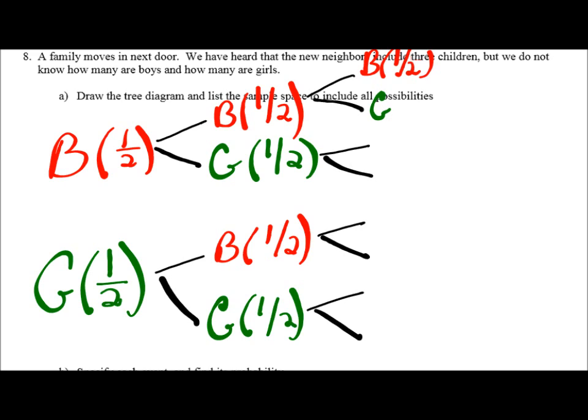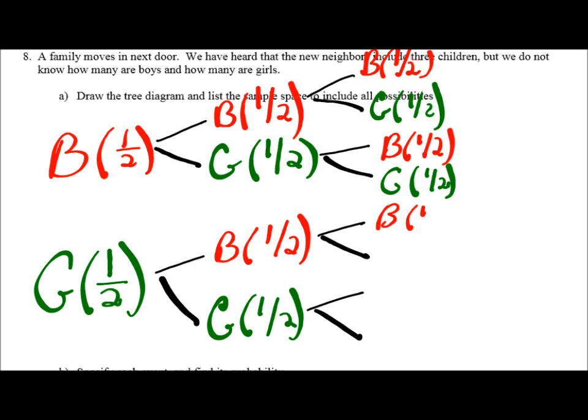Or it could have been a girl, again, 50% chance of that. And I think you see the pattern we're getting at here. We're just going down, filling in the possible choices for the third child. And we'll just go right down, we'll fill that in.